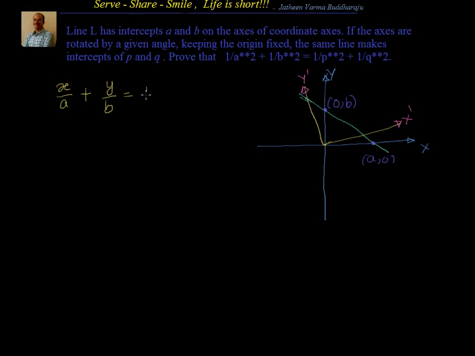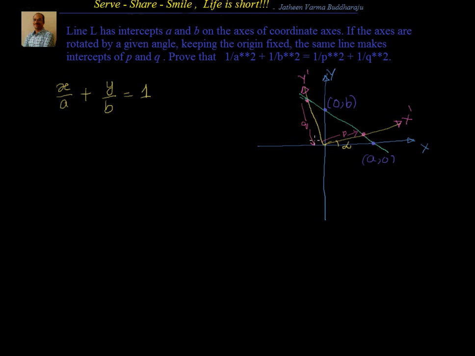Okay, right. Now when the coordinate axes are rotated by an angle alpha, if this angle is alpha, now the new intercepts are p and q. What's the meaning of that? The meaning of that is this length is p, and that length to that point is q.